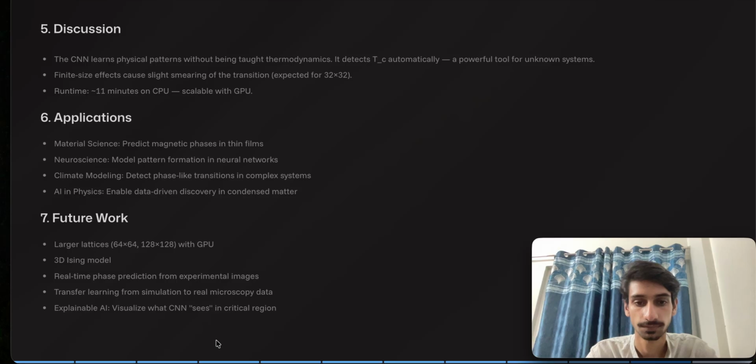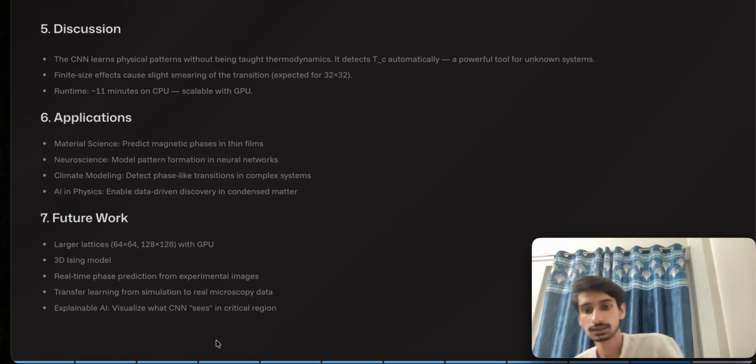So the future work of this is that we can do this with larger lattices, like 64 by 64 or 128 by 128 with GPU, or a 3D Ising model, since real materials are 3D, not 2D.